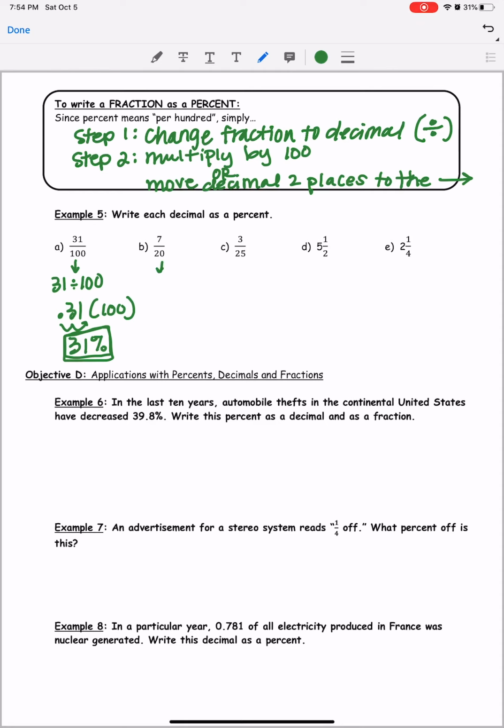On B, do the same process. So 7 divided by 20, and I don't know what that is, so 7 divided by 20 gives me 0.35. So either take that and multiply by 100 or move it 2 places over to get 35%.